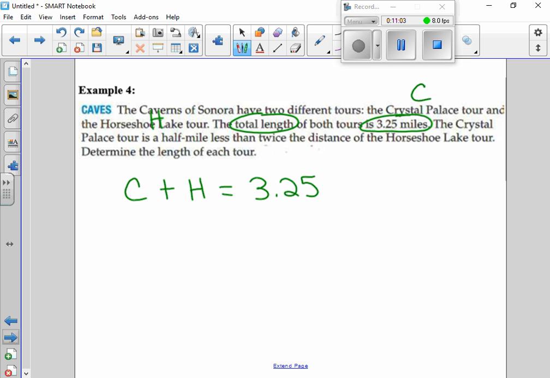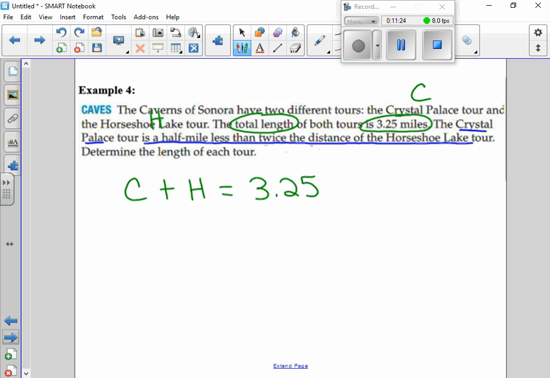So that word total there told me that those two things needed to be added together. The third sentence is the Crystal Palace tour is a half mile less than twice the distance of the Horseshoe Lake tour. And Crystal Palace is first, so that's the C.